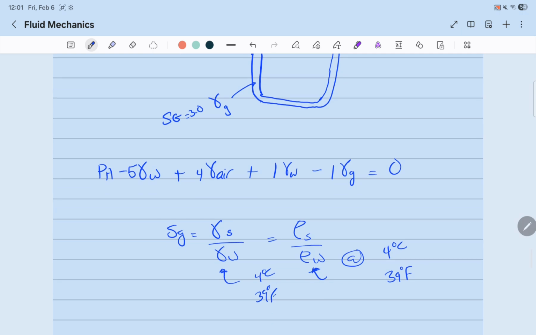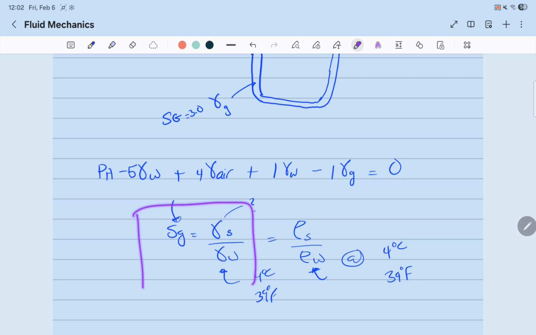So if you're given the specific gravity, you can find the specific weight of the substance, or if you're given the density of the substance, you can also find the specific weight. That won't be an issue.